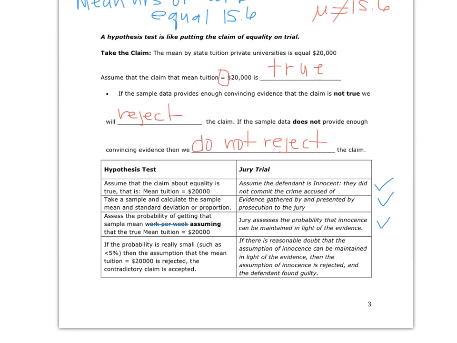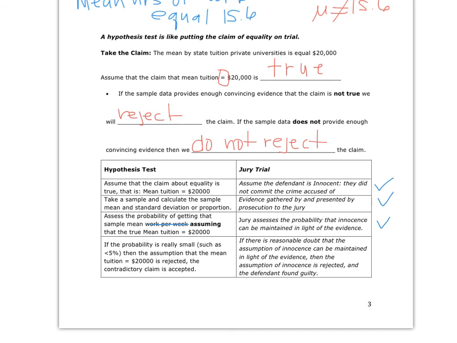If we get a really small probability that we would get that sample mean under the assumption that the real population mean is a certain value, in this case $20,000, then we basically have to say our assumption is probably incorrect, and we reject the assumption that we're making.